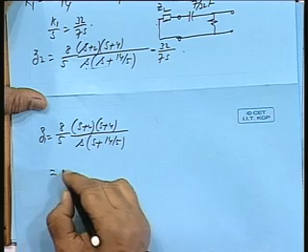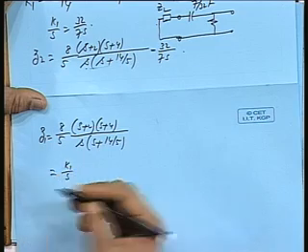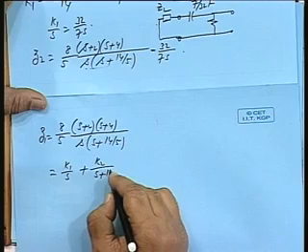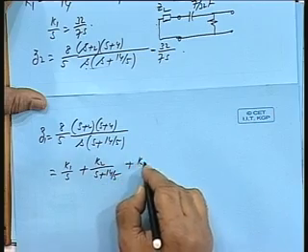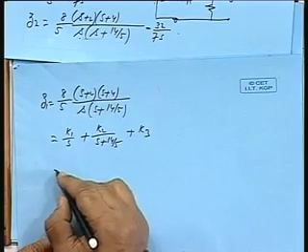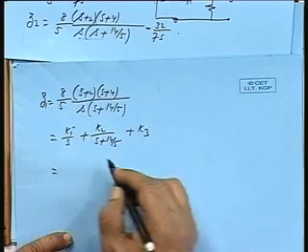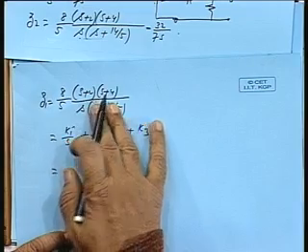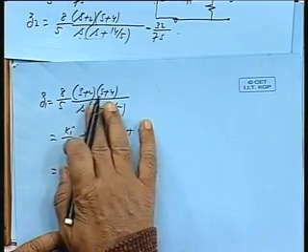I could have written this as K1 by S, this is the one which I have removed, plus K2 by S plus 14 by 5 plus K3. Okay. And that gives me, K1 is not to be calculated; K2: multiply by S plus 14 by 5, make S equal to minus 14 by 5.